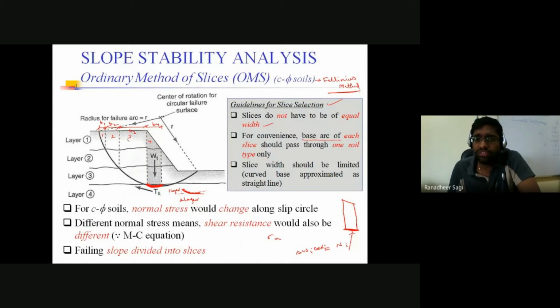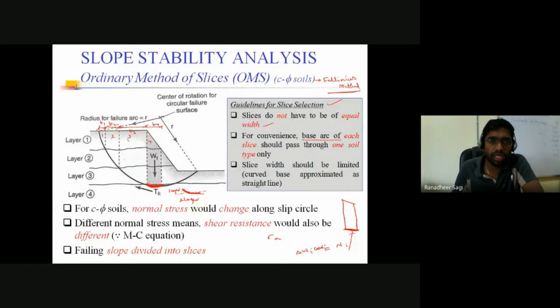Next, slice width should be limited. You cannot let the width of the slice be relatively large. So as much as possible, limit the width of the slice. If the width of the slice is large, then there is a possibility of error.